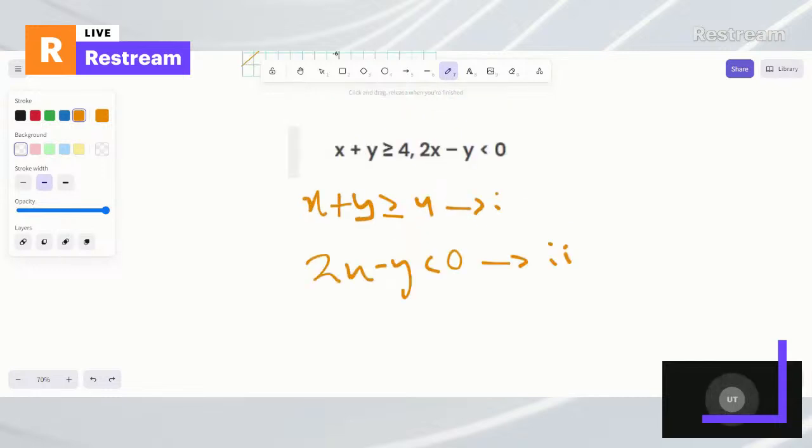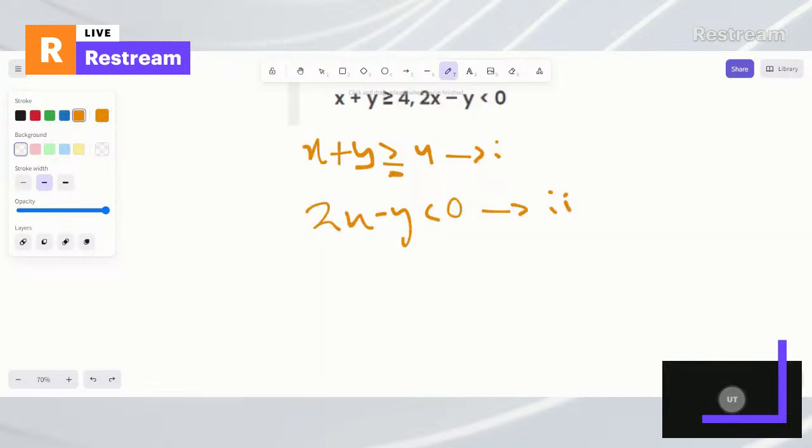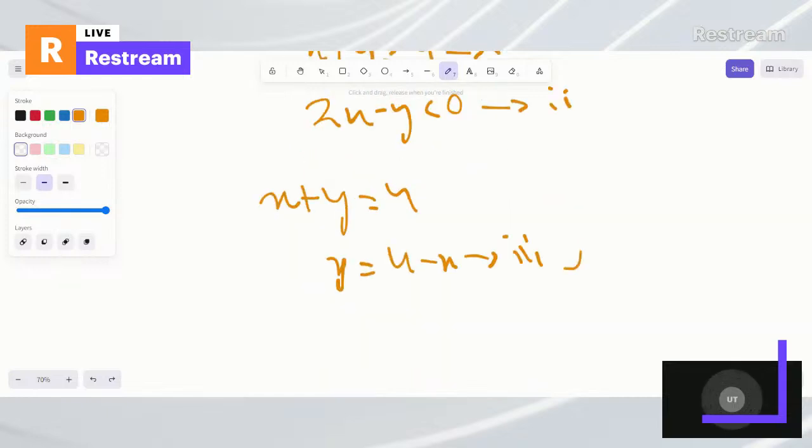Right, so what do we do? First make this a subject, but instead of an inequality, we're going to use the equals sign. So it's x plus y equals 4, and now the subject would be y equals 4 minus x. So this becomes the third equation. And now we're going to substitute this into the second equation.